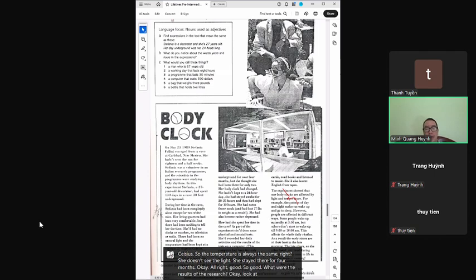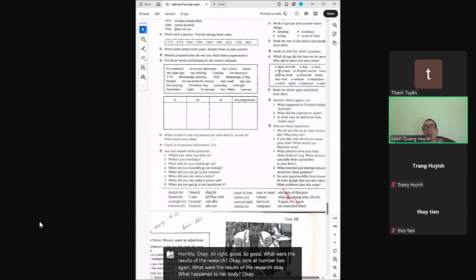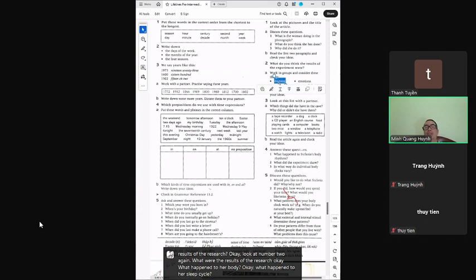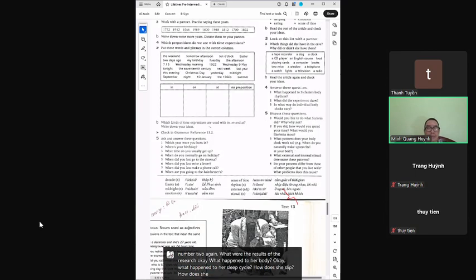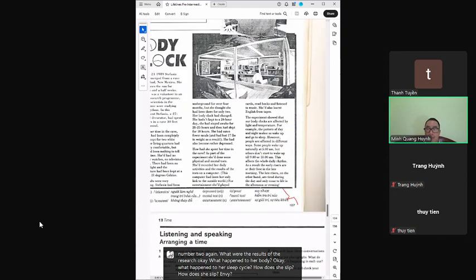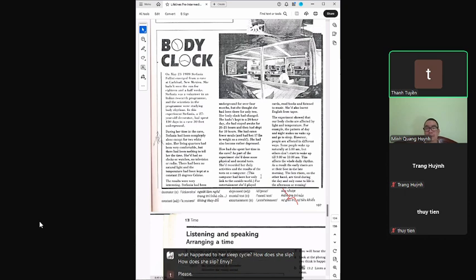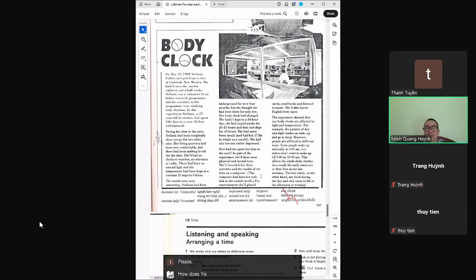Okay, look at number 2 again. What were the results of the research? What happened to her body? What happened to her sleep cycle? How did she sleep? She has slept for 10 hours.